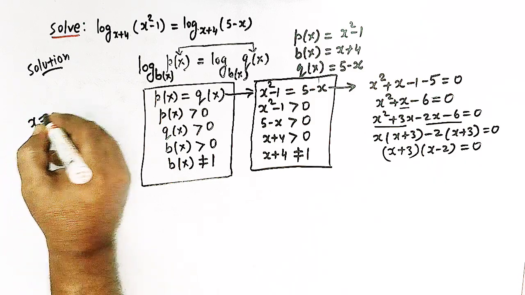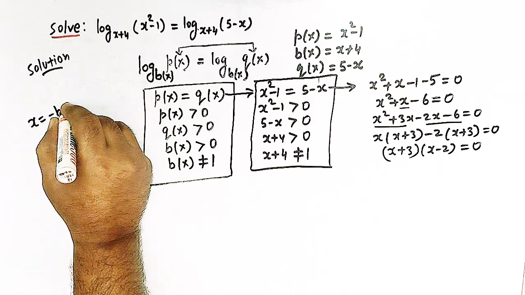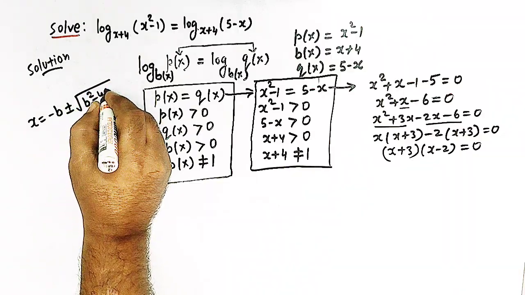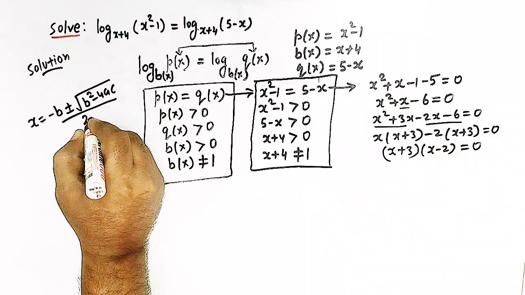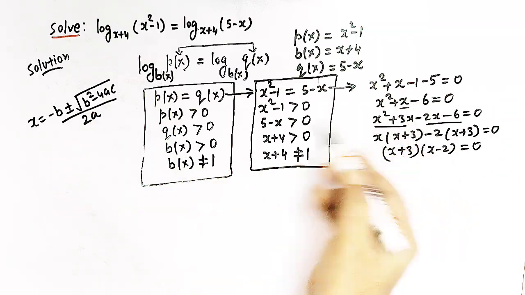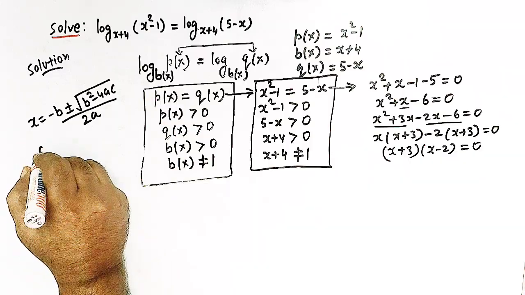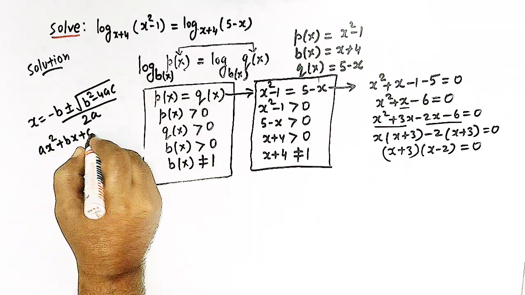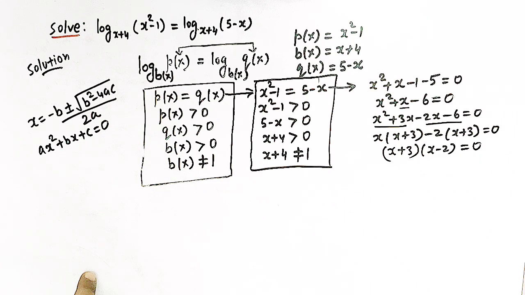That is using this formula, x equals minus b plus or minus the square root of b squared minus 4ac over 2a, by comparing this quadratic equation with the standard quadratic equation ax squared plus bx plus c is equal to 0, right?